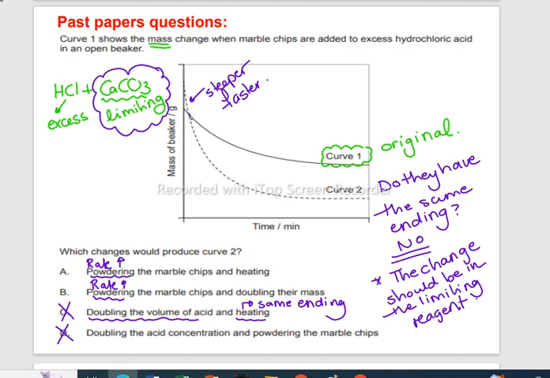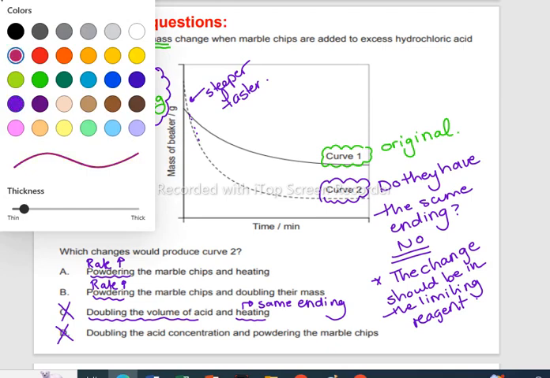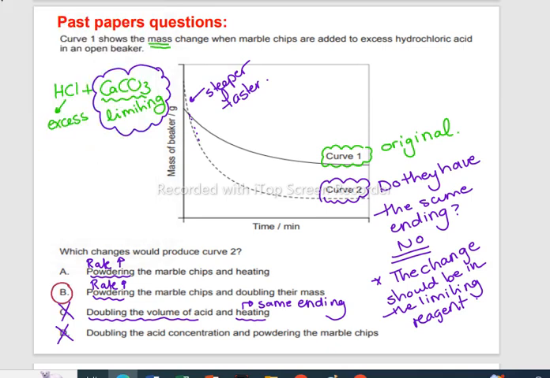The point is whether it's powdering the marble and heating, or powdering the marble and doubling their mass. Since the curves do not have the same ending, and curve 2 is below curve 1, there is a larger change in the mass of the beaker. So we are talking about a change in the mass of the reactant itself. So you need to pick answer B.